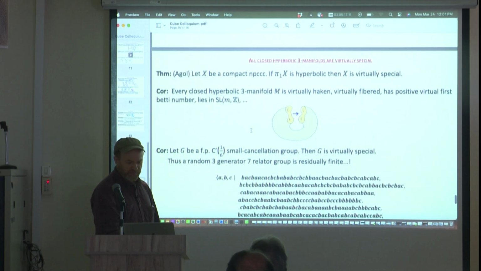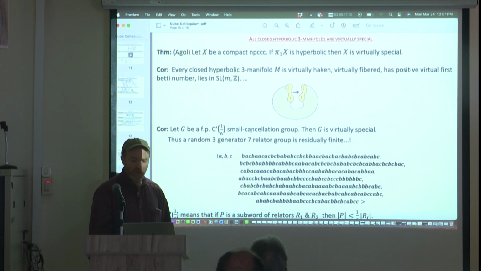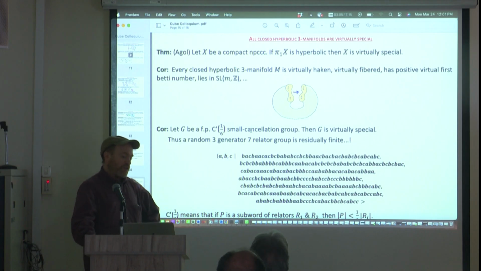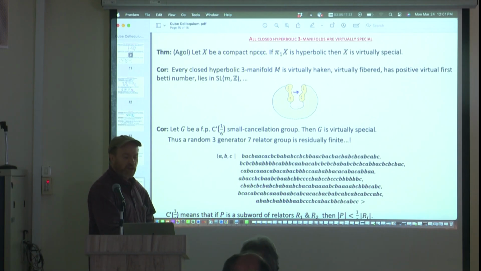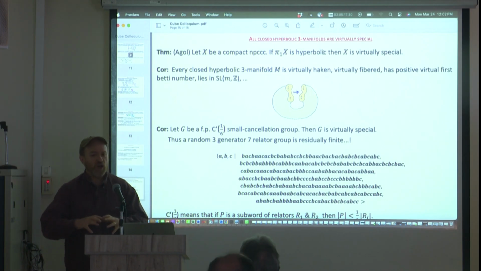And the end result, sort of completing and building on what I was doing, Agol, quite quickly after I had done whatever I just told you about, managed to prove this fact that if you have a compact, non-positively curved cube complex whose fundamental group is hyperbolic, then you can always unwrap it.